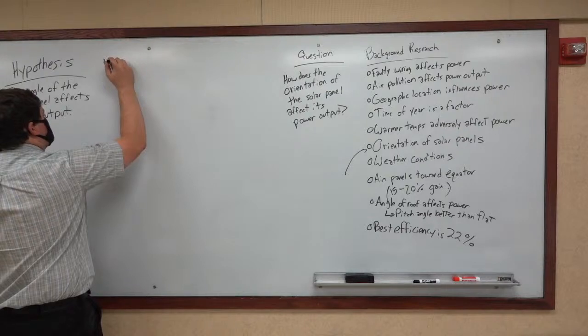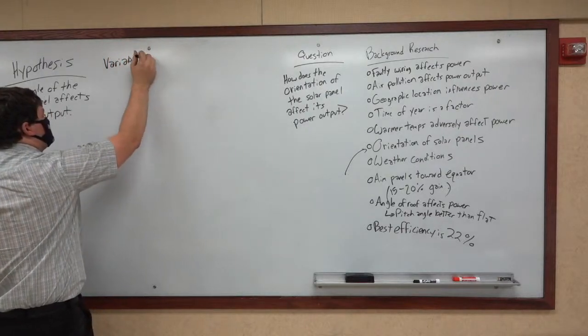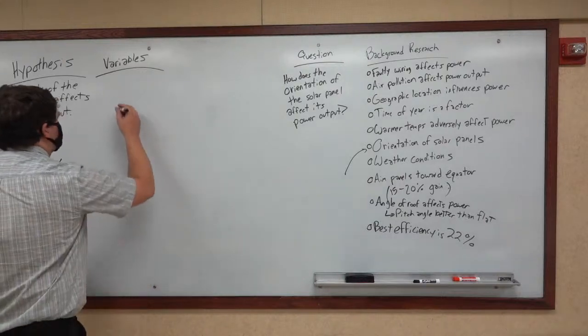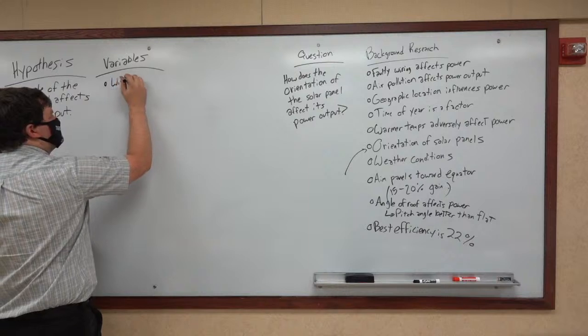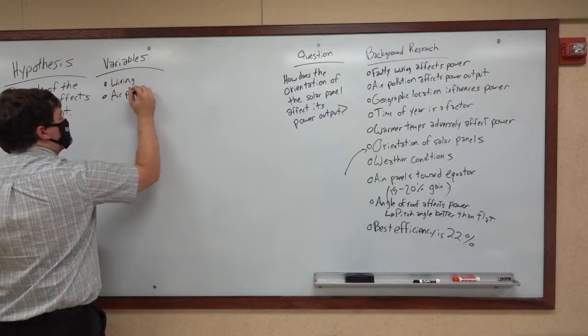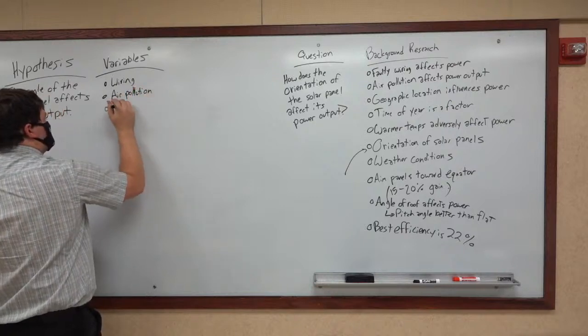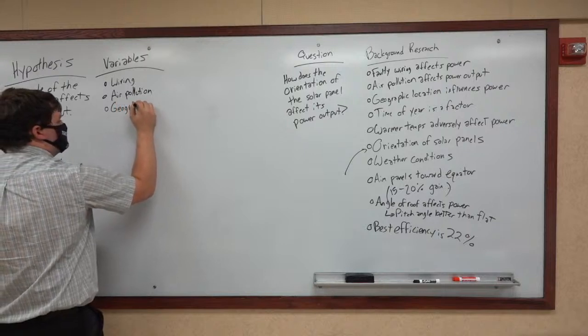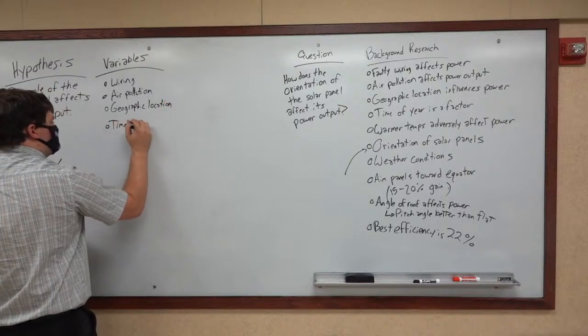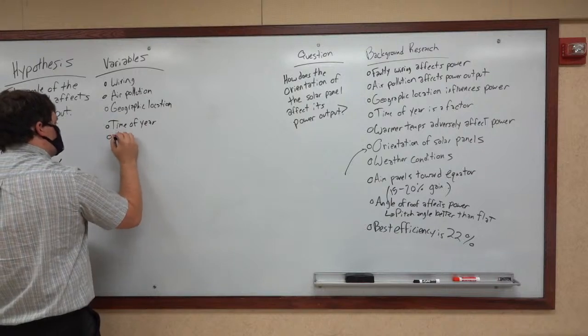Okay, so let's talk about the next step, kind of an in-between step between hypothesis and experiment: variables. What variables affect power output? I'm just going to start listing those out, but there are more that you guys didn't catch. First of all, wiring, if it doesn't connect well. Air pollution, geographic location, time of year, and time of day.